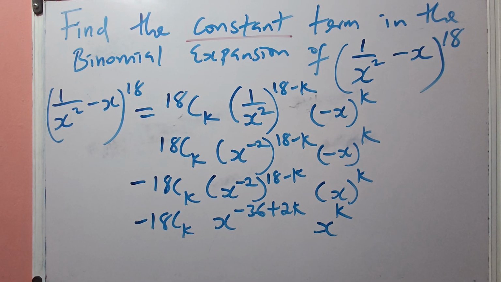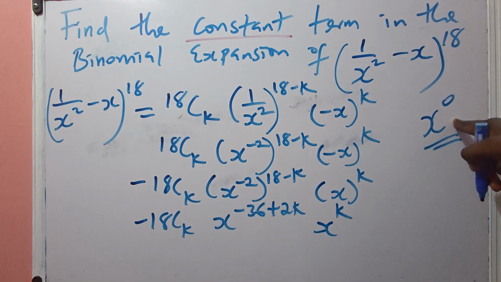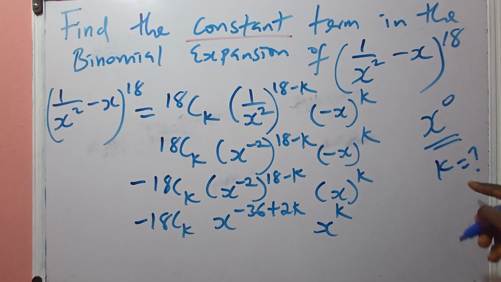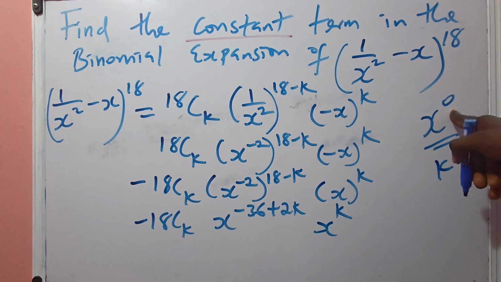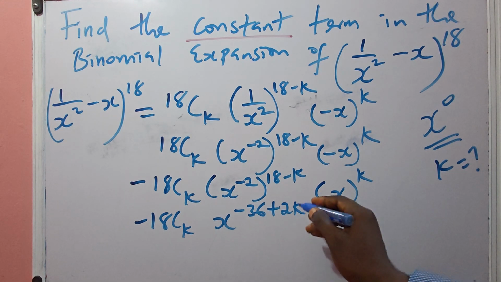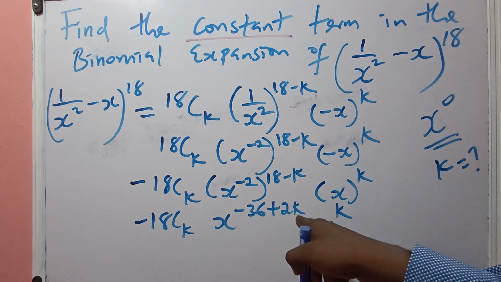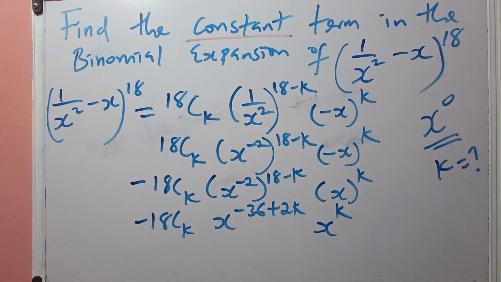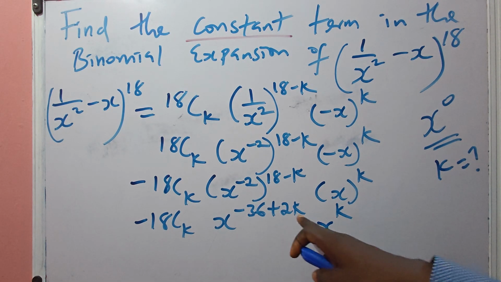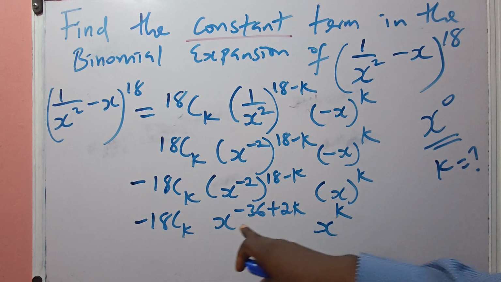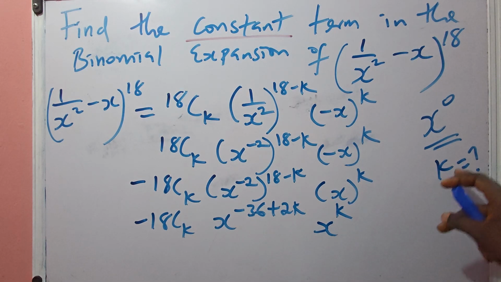Don't forget, my interest is in seeing how to produce x raised to power 0. I want to see what value of k, that means what will be k, that will produce x raised to power 0. So I can see k here, I can see k here. So what do I have to fix in as k, that if I fix in that value as k here, when I multiply these two together, I'll be getting x raised to power 0?